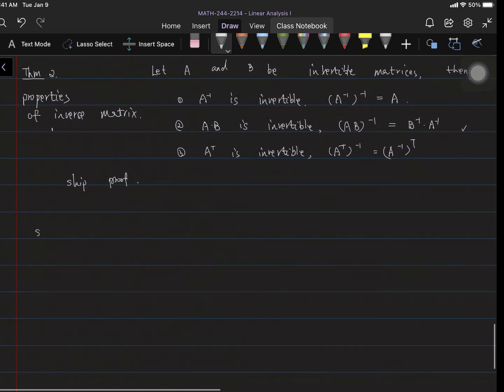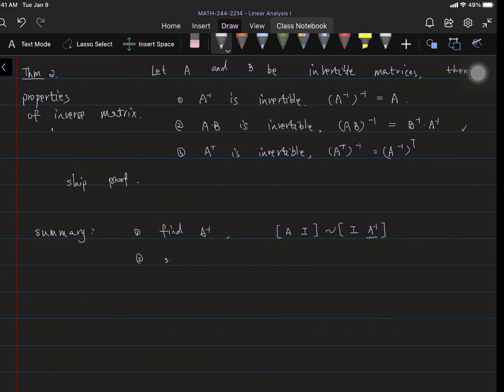Let's have a summary. The most important thing is, we need to know how to find the inverse matrix by using the Gauss-Jordan technique. That means reduce [A | I] into [I | A inverse]. Okay, this is how we find the inverse matrix, right?